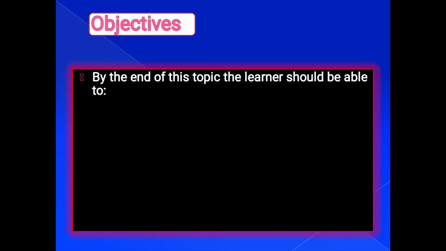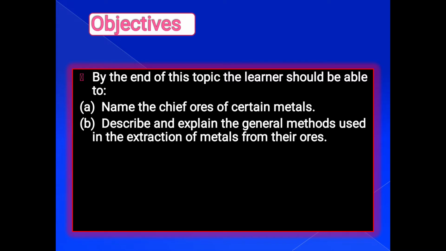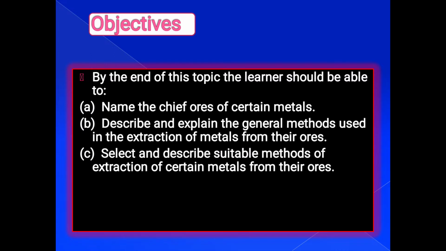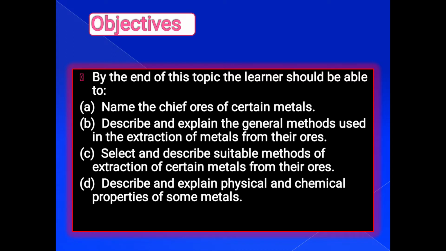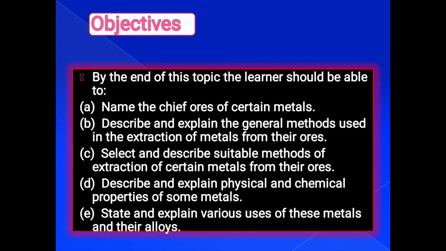By the end of the lesson, you should be able to name the chief ore of certain metals, describe and explain the general methods used in extraction of metals from their ores, select and describe suitable methods of extraction of certain metals from their ores, describe and explain physical and chemical properties of some metals, and state and explain various uses of these metals.